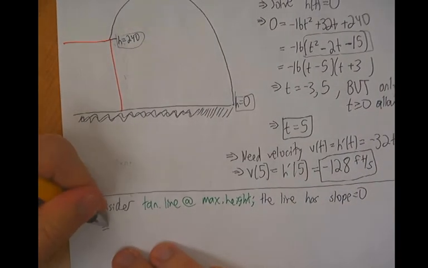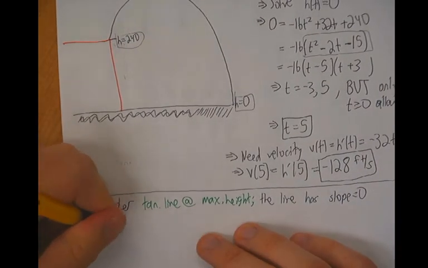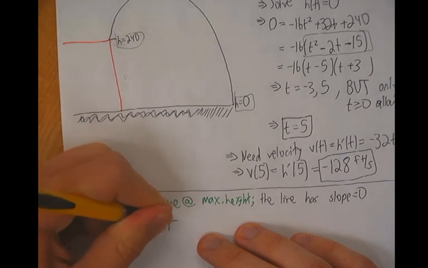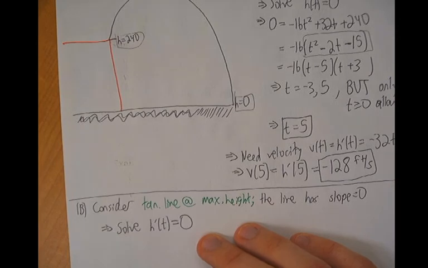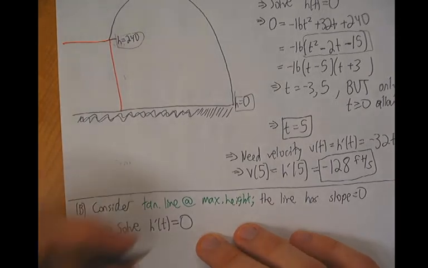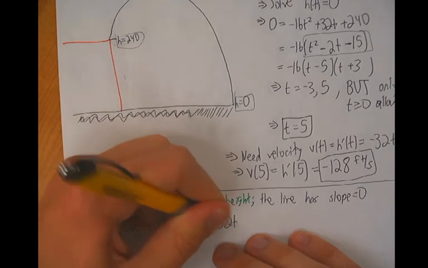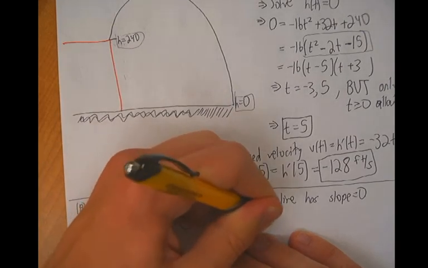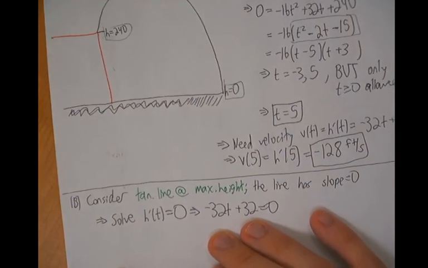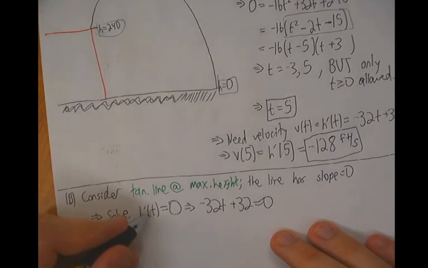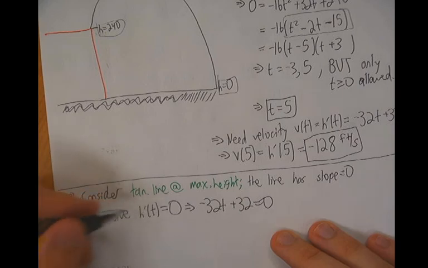If that's the case, that means we should be taking our derivative and setting it equal to 0 here, right? So we say, all right, well, negative 32t plus 32 equaling 0, since the slope of the tangent line corresponds to our derivative.